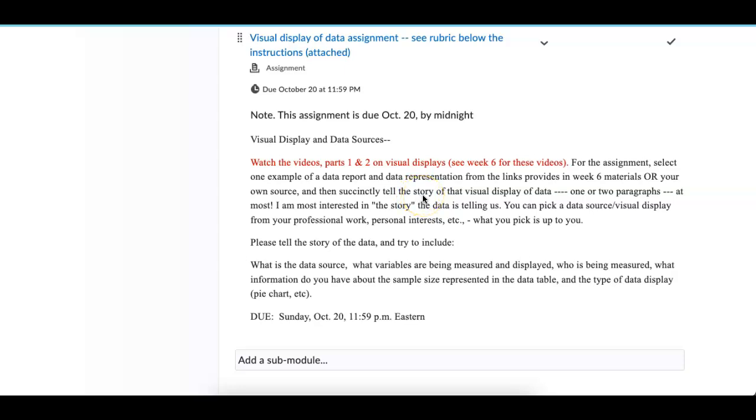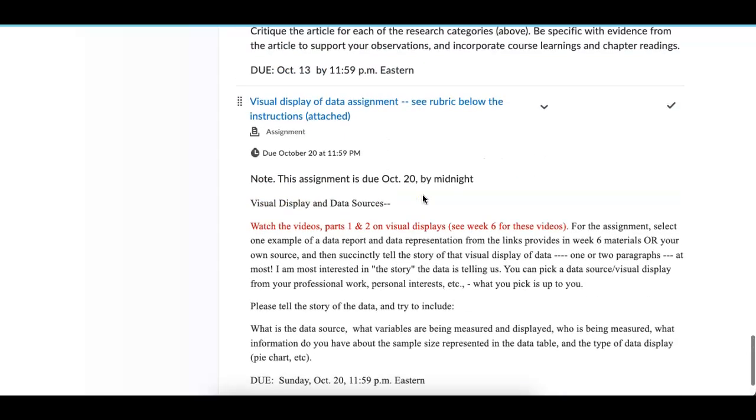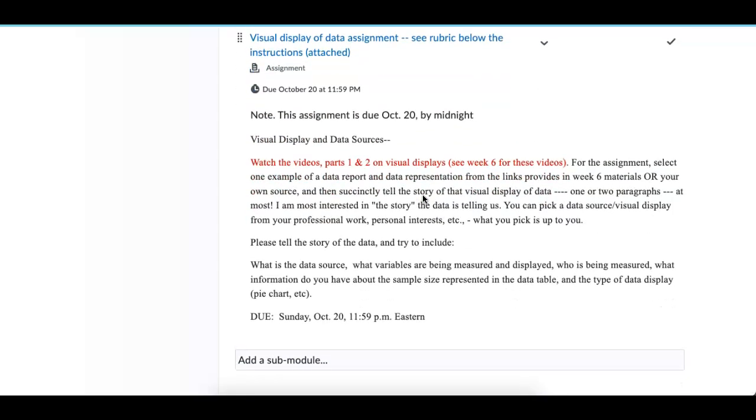So once again, you go back to the week that we were doing the visual displays, and we had an optional discussion forum. This is a more formalized version of that. What I mean is, you find a data source, you look at the data source, and it will take you to the website.